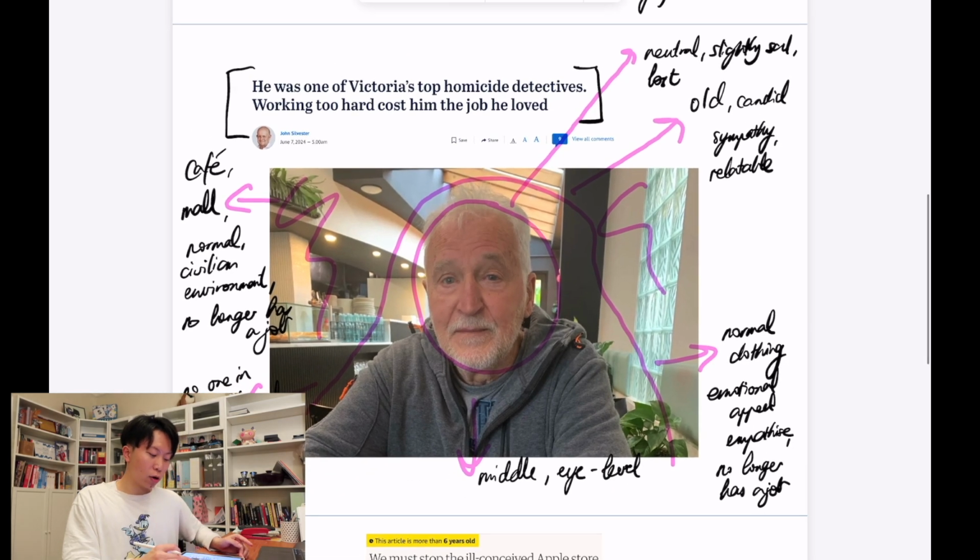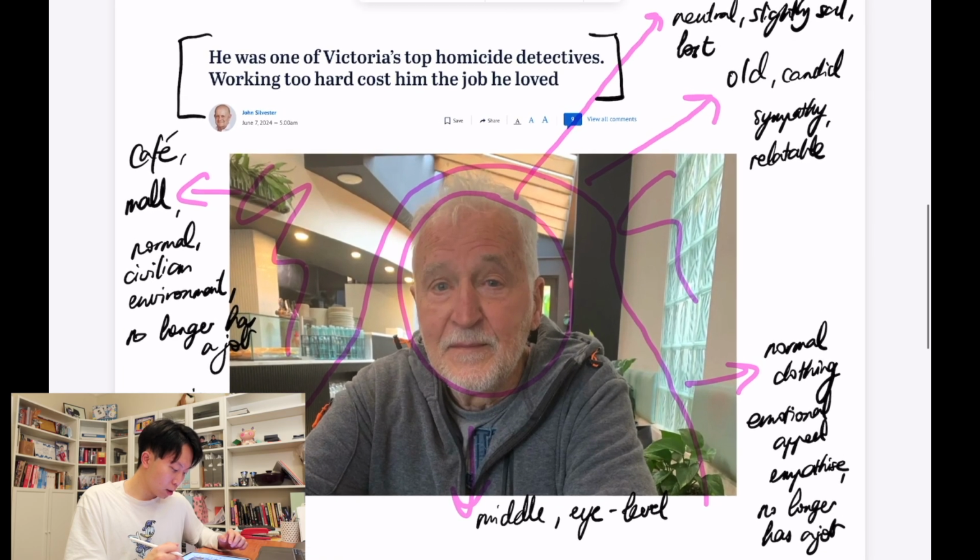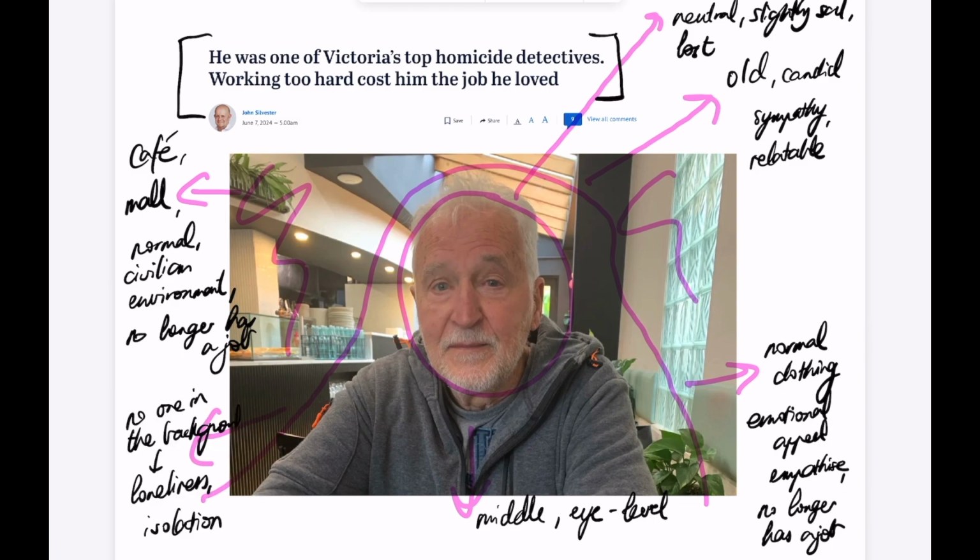And that can play into the idea of why this image of him is quite honest and looks like an everyday photograph. That could also play into that kind of being lost, or his job has been taken from him. That kind of atmosphere, because it's a bit of a contrast, right, to Top Homicide Detective. This image with Top Homicide Detective. So these are the main features that I would analyze in this photograph.